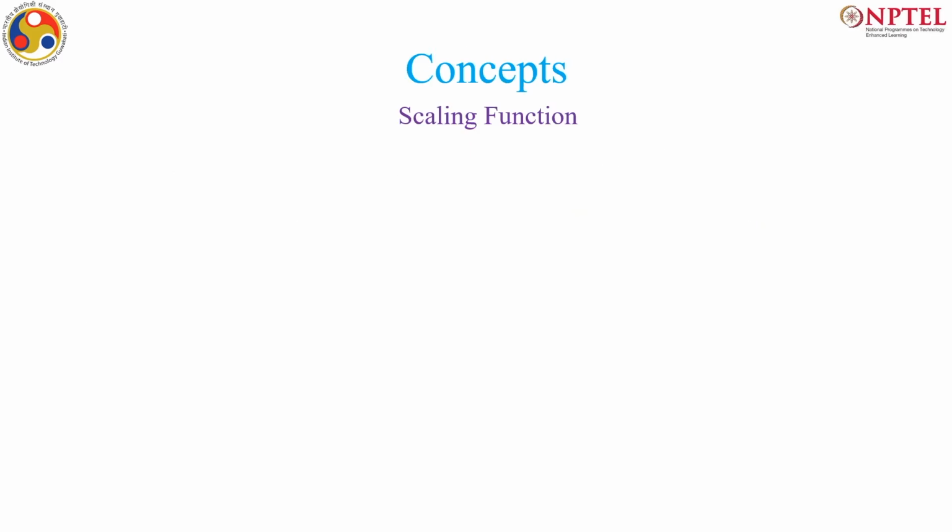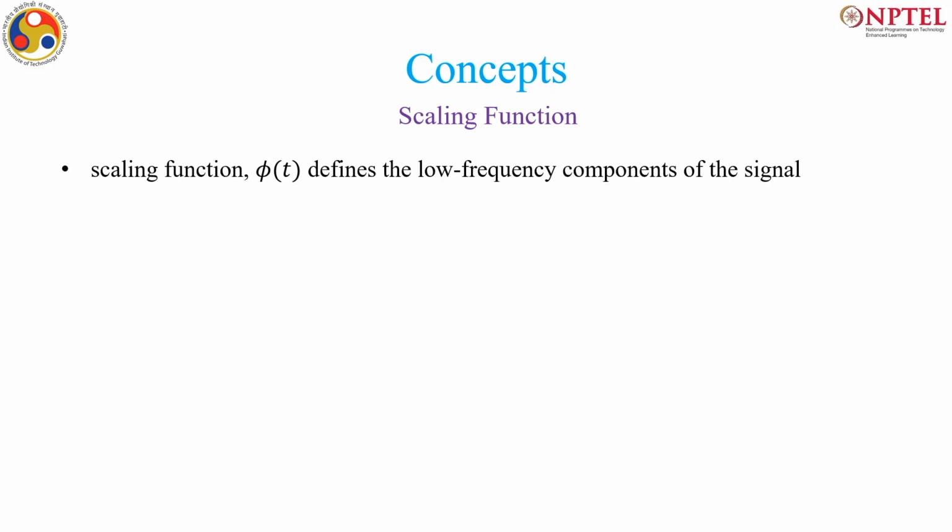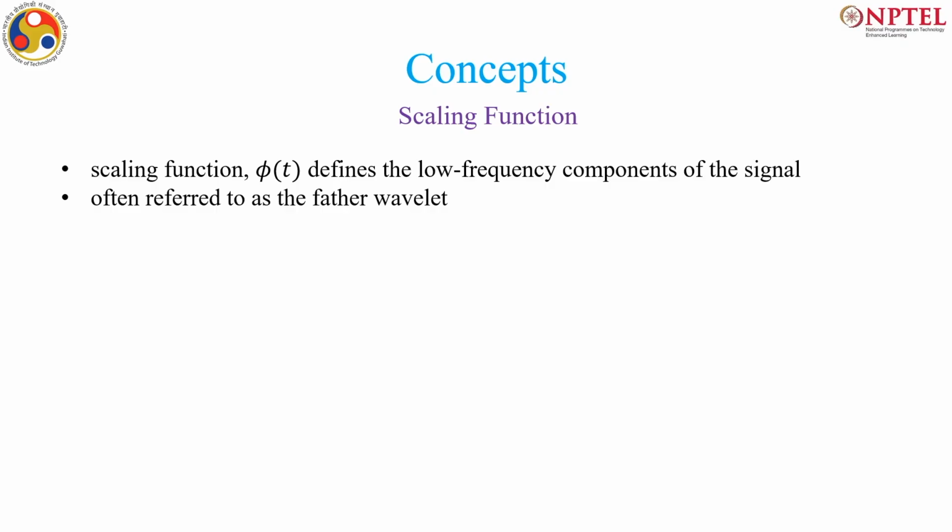So, what is a scaling function? A scaling function is different from a wavelet function, and it is typically used to define the low frequency components of the signal. Typically, it is called the trend in the signal, and this is often called the father wavelet.